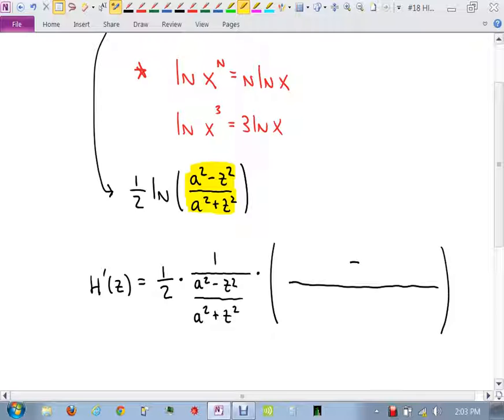Treating a like a constant, and z like the variable. So let's do quotient rule. Derivative of the top. What's the derivative of the top? What's the derivative of a squared? 0. Because a is a constant.